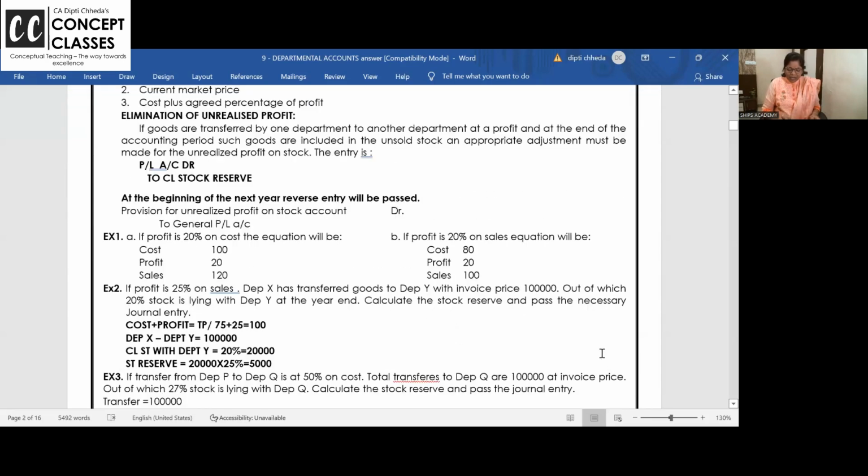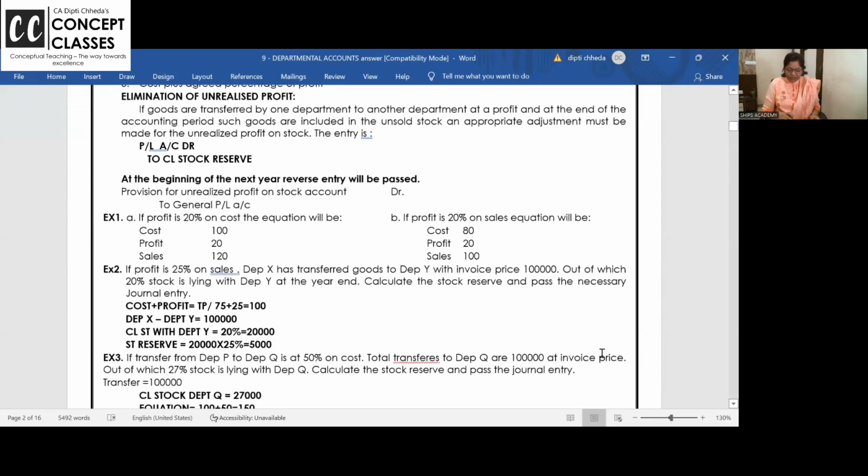Right. See, look at the screen. In departmental accounts, it's very much necessary to check. If the profit is 20% on cost, let cost be 100, profit be 20, and sales be 120. If profit is 20% on sales, then cost will be 80, profit is 20, and sales is 100.